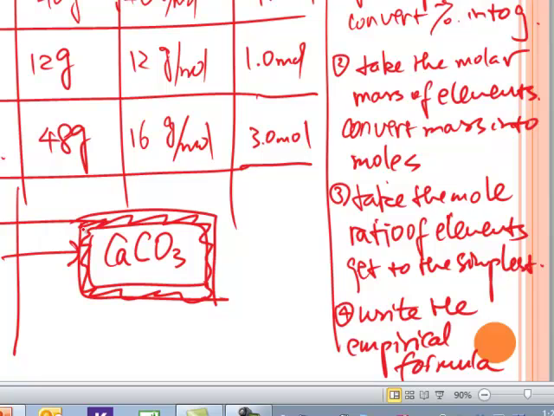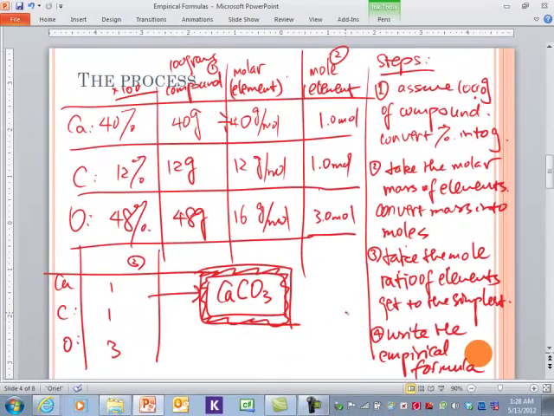So essentially, you take the percentage mass, convert it into mass in grams, convert the grams into moles of each element, and take the mole ratio of each element. That would be the number ratio for each element in the formula. If you get the simplest form, in this case it happened to be the simplest form of 1, 1, 3, then you can actually get to what we termed the empirical formula.